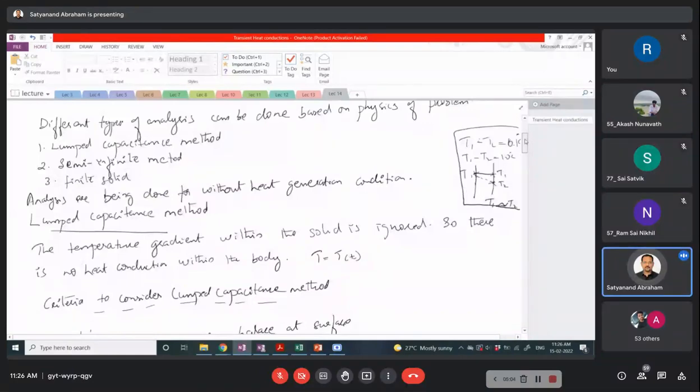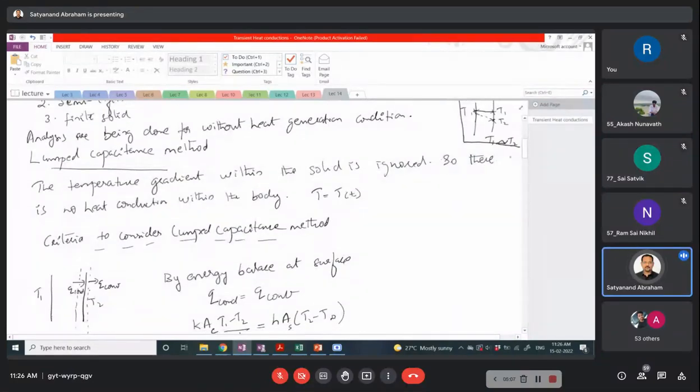Then we started seeing, or we saw fully, the lumped capacitance method. In this case, we said that we are neglecting the temperature gradient within the solid surface. Okay, so therefore we are assuming the full body is at the same temperature, but the temperature is varying with time.